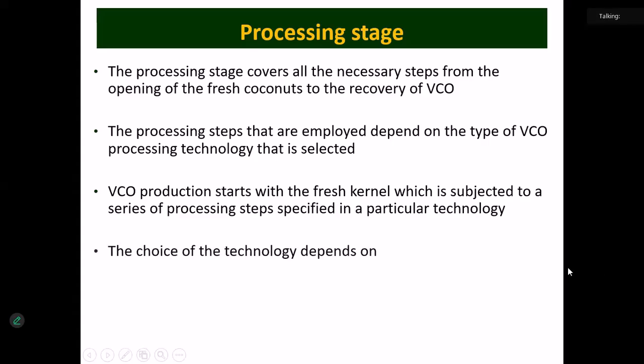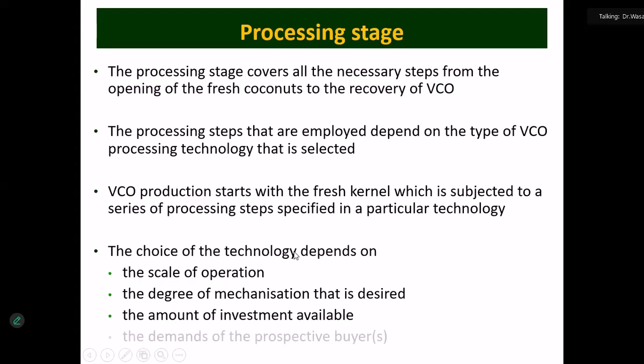Different technologies are there, and we are going to discuss eight or more methods. These depend on the scale of operation, small, medium or commercial, the degree of mechanization, the investment we have, and the demand and supply.